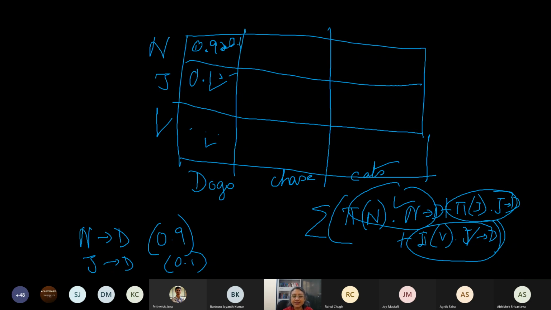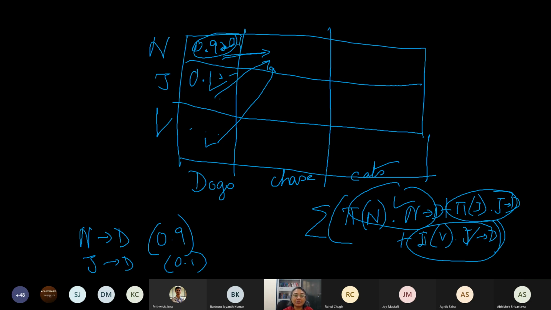So if chase is a noun, it can be followed by dogs as a noun, dogs as an adjective, or dogs as a verb. If we want to compute the probability that chase is a noun following dogs as a noun, we take this probability and multiply by the transition probability from noun to noun.